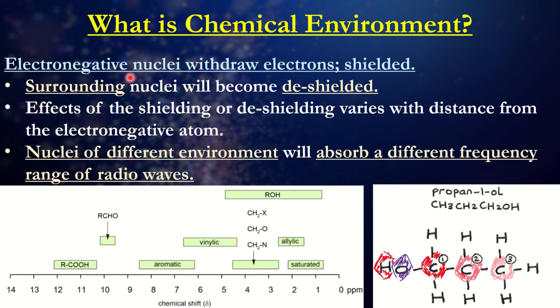The other thing we also know is electronegative nuclei withdraw electrons, so it causes de-shielding. So let's say, for example, with propanol 1, the oxygen here is a highly electronegative atom, so it's going to draw in electrons towards it. So our oxygen here will be shielded here. Slightly different will be our hydrogens and carbons that are bonded adjacent to it.